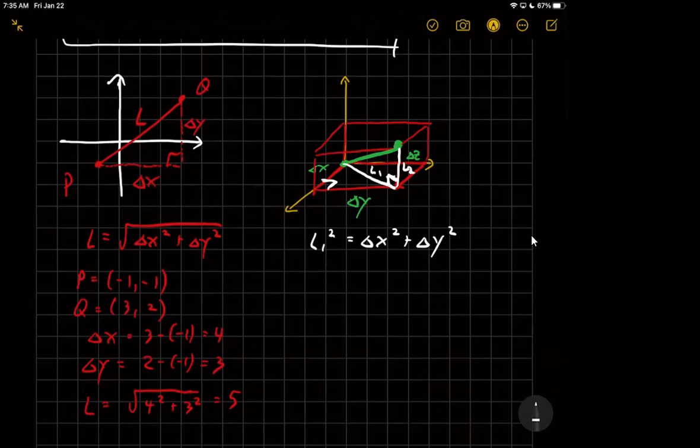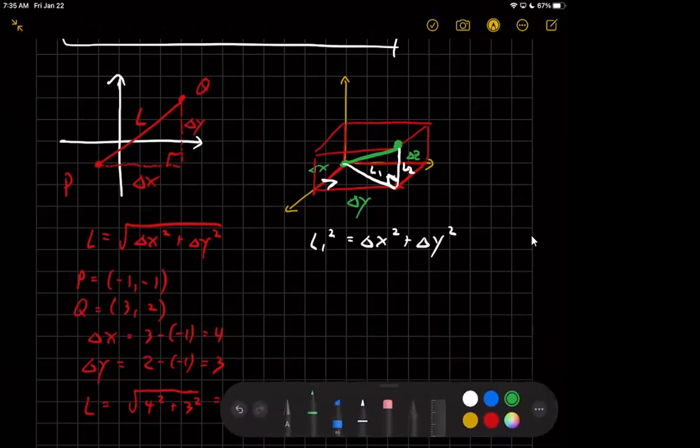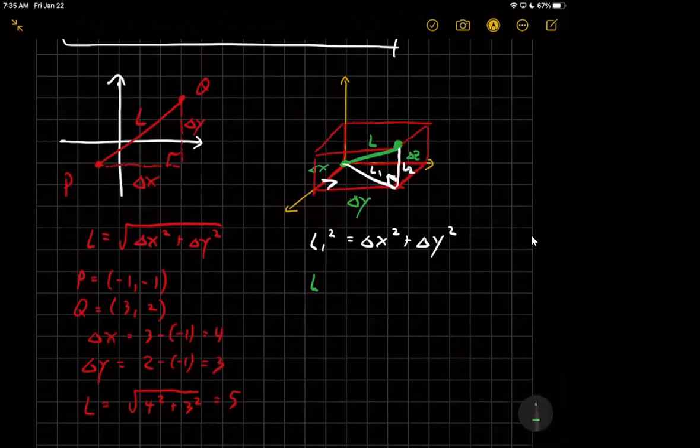The second triangle, we'll use L for the overall diagonal length, would have L squared equal to L1 squared plus L2 squared.